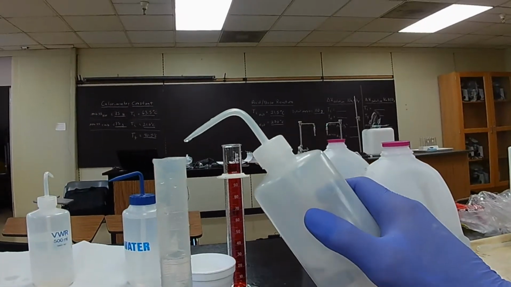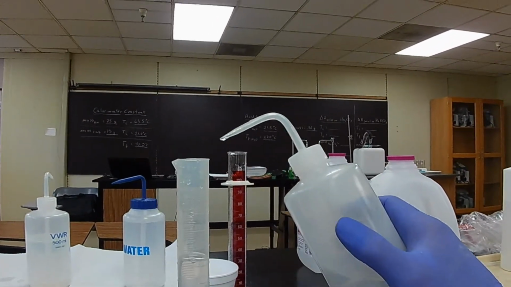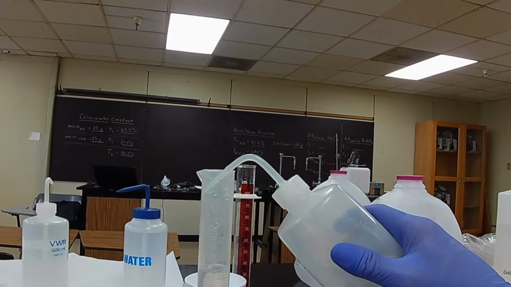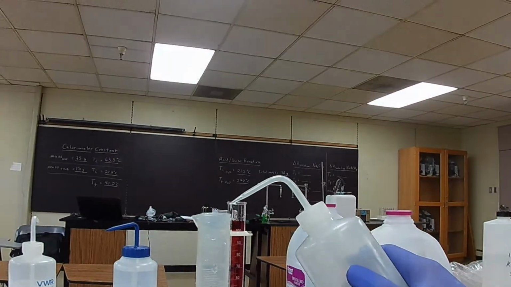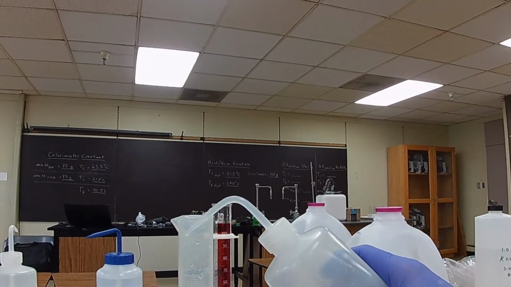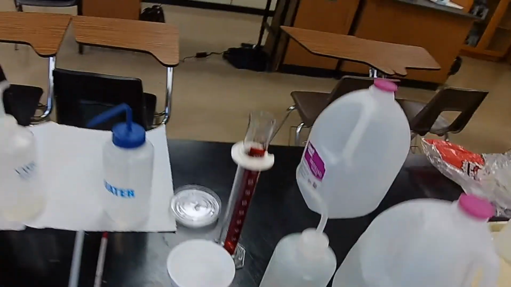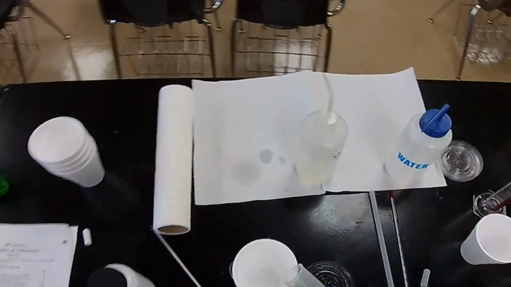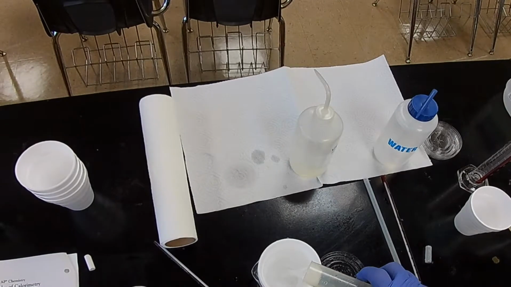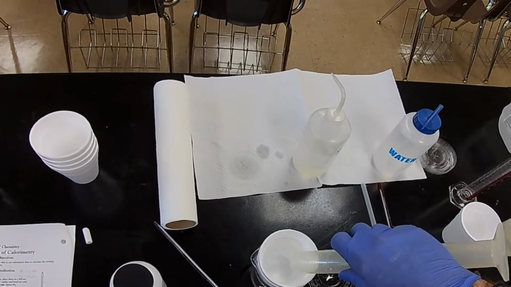Here we go. Coming up on 75. A little bit more. There we go. 75 milliliters of water in the calorimeter at room temperature.